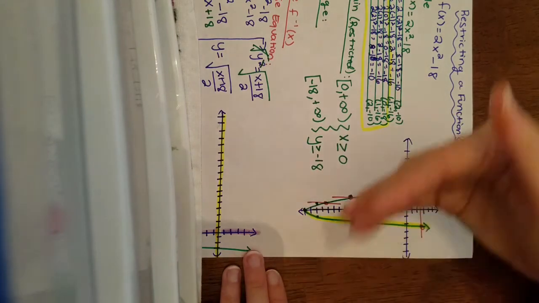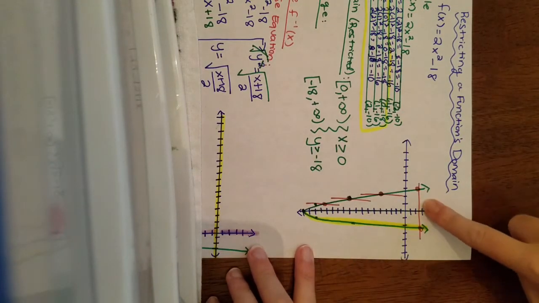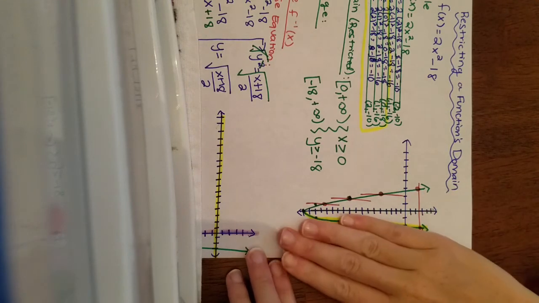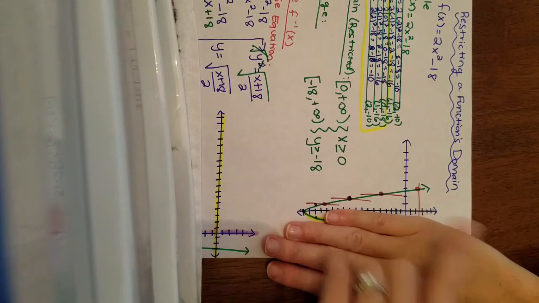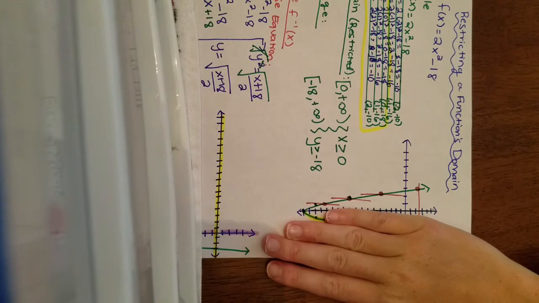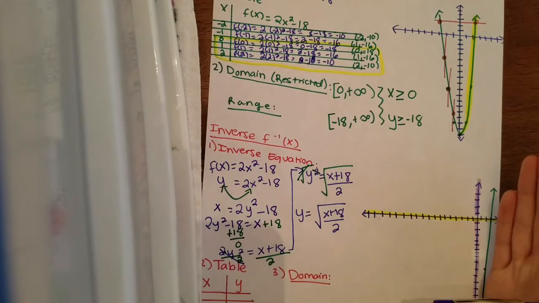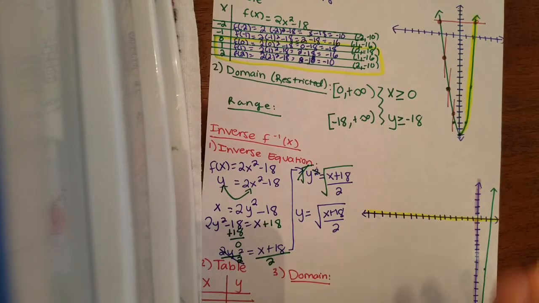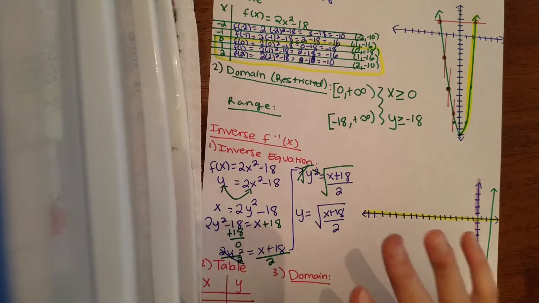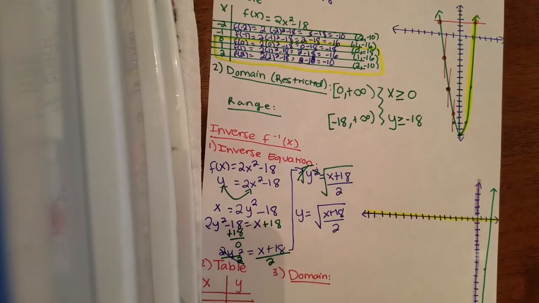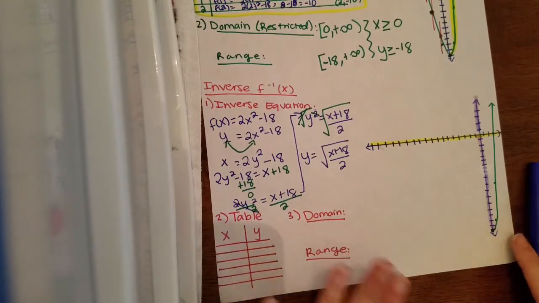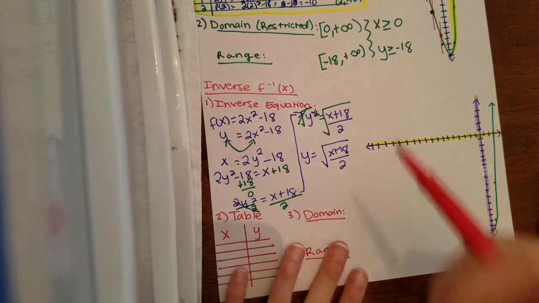If I have both sides, it will fail the vertical line test. So I'm only going to use the positive side, which definitely passes the vertical line test. I know it's a little weird, but when you restrict the domain and you have a squared, this is the only time you don't use a plus or minus. Every other time, use plus or minus. So just be careful and watch out for that.